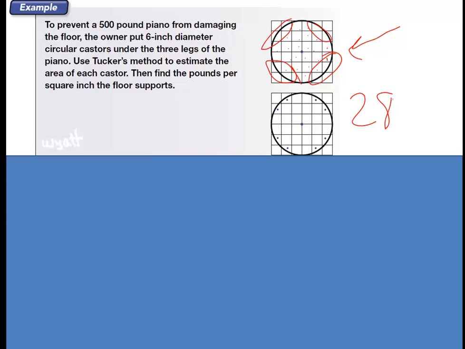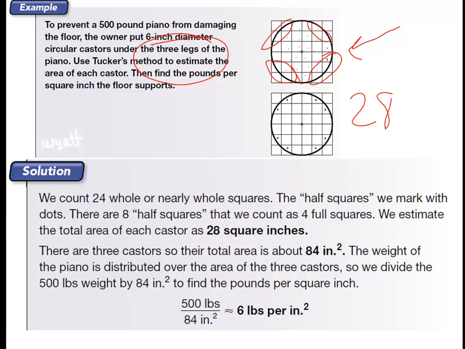But the tricky part now is that there's 3 legs. There wasn't just one. So if you just answer for 1, you'd get it wrong. You've got to figure it out for 3. So you're going to multiply 28 by 3, and you're going to get 84 square inches. And that's what you're going to divide into the 500 to get how many pounds per square inch. So you've got to read the whole question.